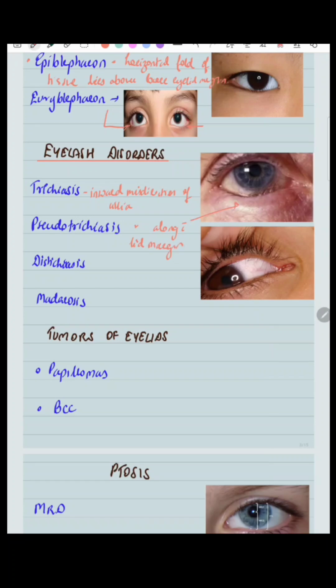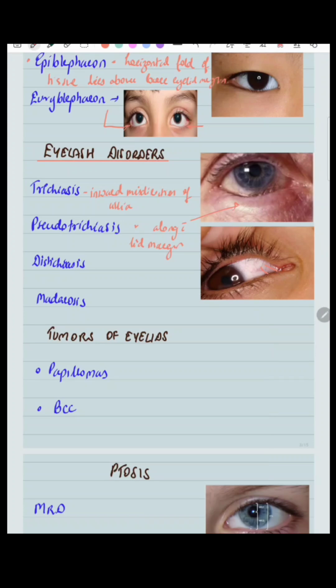Here you can see the inward turning of the lid margin also. In trichiasis there are only eyelashes, cilia misdirected, with the normal position of the eyelid.